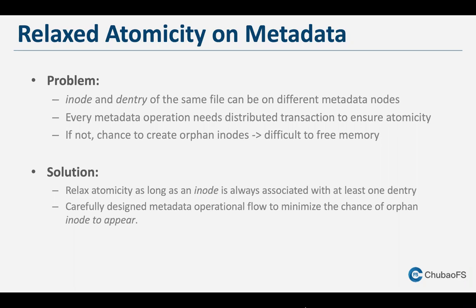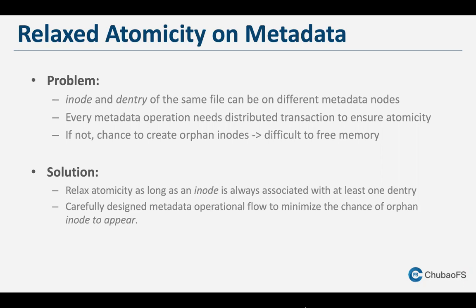This causes a problem, because ideally every metadata operation would need a distributed transaction to ensure atomicity. If not, we can create what we call orphan inodes, which are inodes that have no associated entries. When this happens, it is hard for us to free the memory. So that's basically the problem.